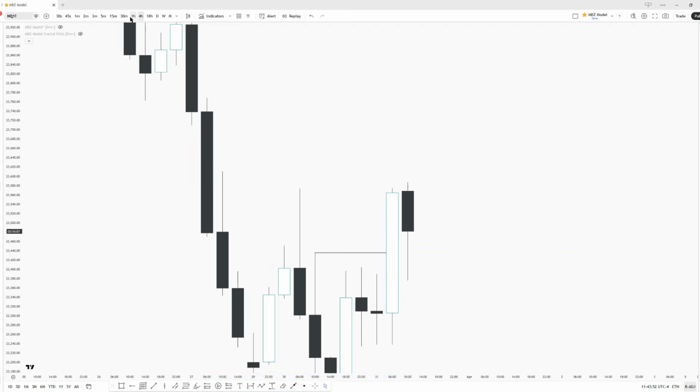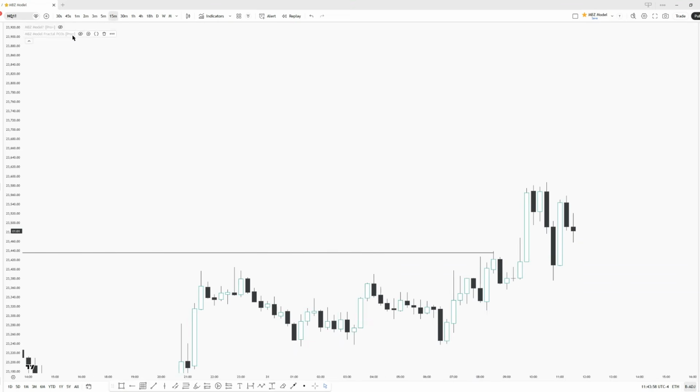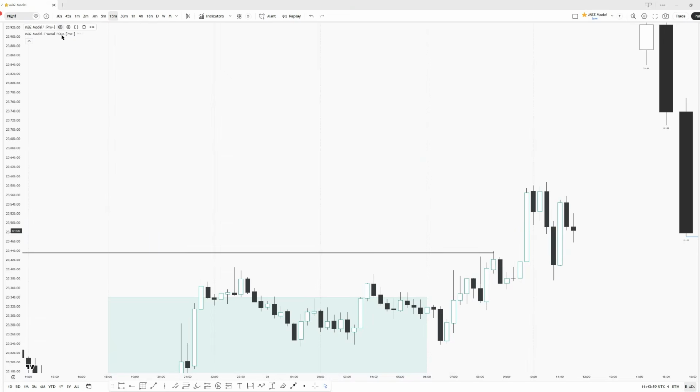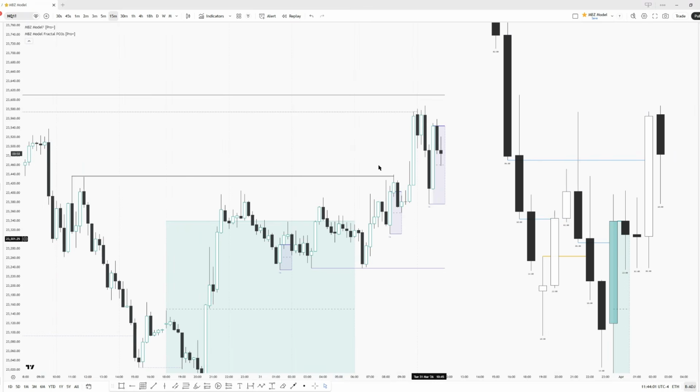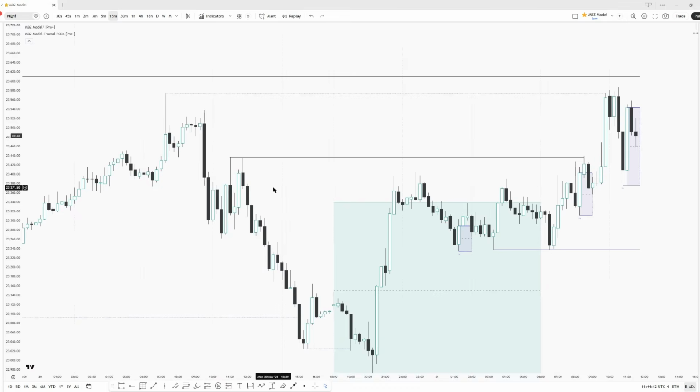It's untapped. We can check the 1 hour as well and see if there are any untapped gaps there as well. So it's always great, before you start just looking for entries, to mark the higher time frame confluence, but also mark key potential targets and levels, right? And so here we have relative equal highs.